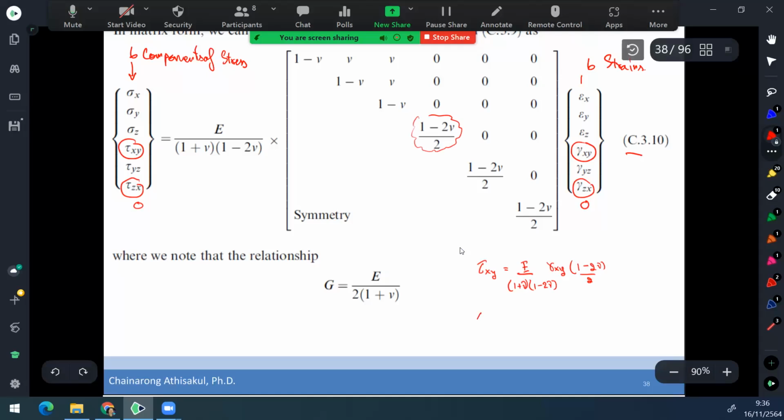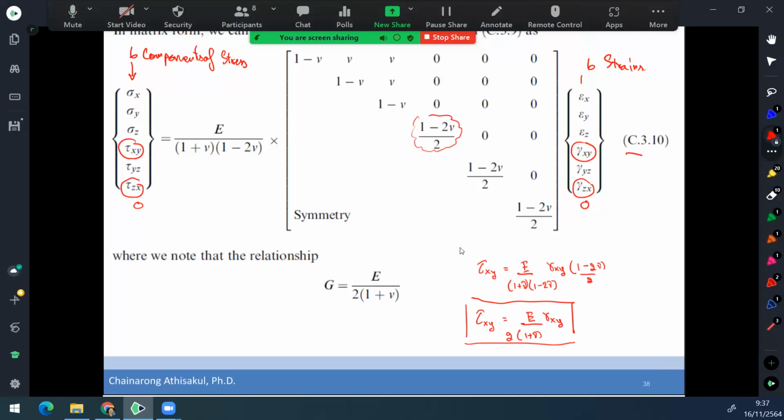So for the case of tau xy, for the plane stress problem, we have the relationship of stress and strain. For the shear stress, what does it become? It becomes E over 1 plus nu, times gamma xy. It becomes like this. This is a general one.